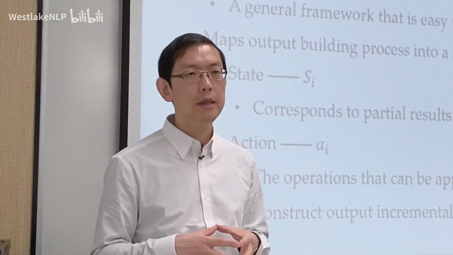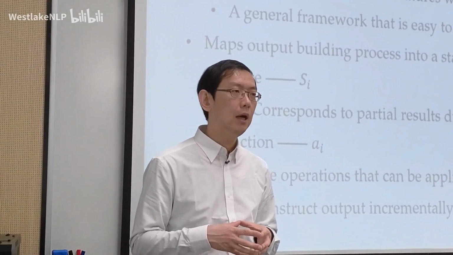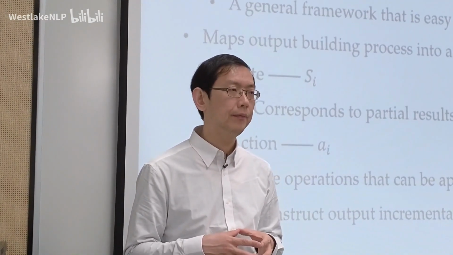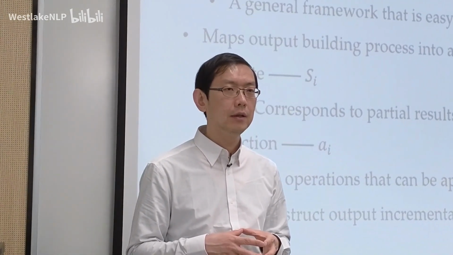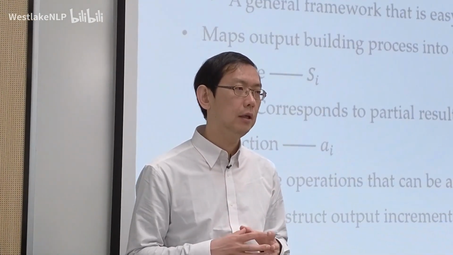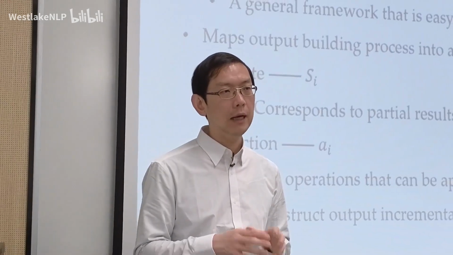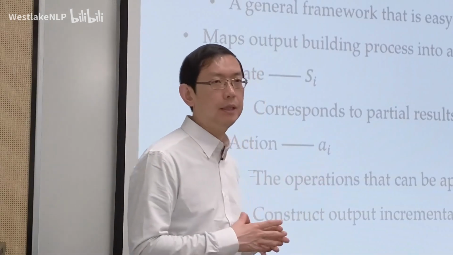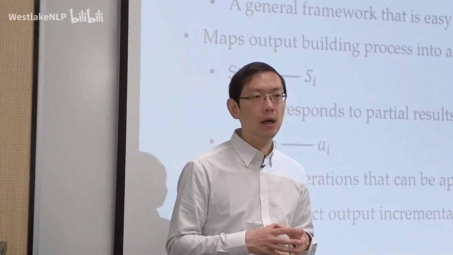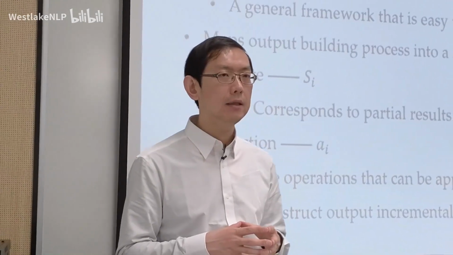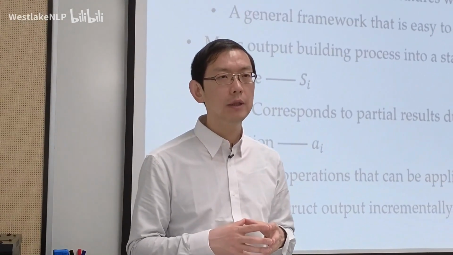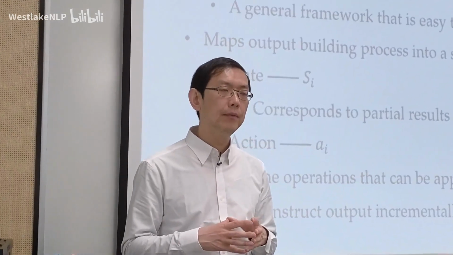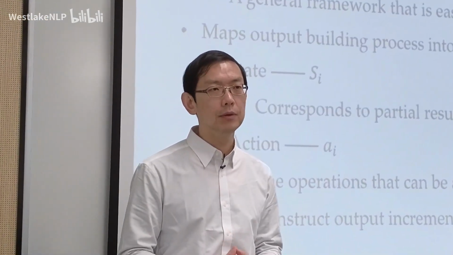And we call this kind of paradigm a graph-based paradigm, where graph denotes the structure, right? So our modeling target is how good the output structure looks. So for transition-based models, the paradigm is different in the sense that rather than modeling the output structure directly, we model the construction process of the output.